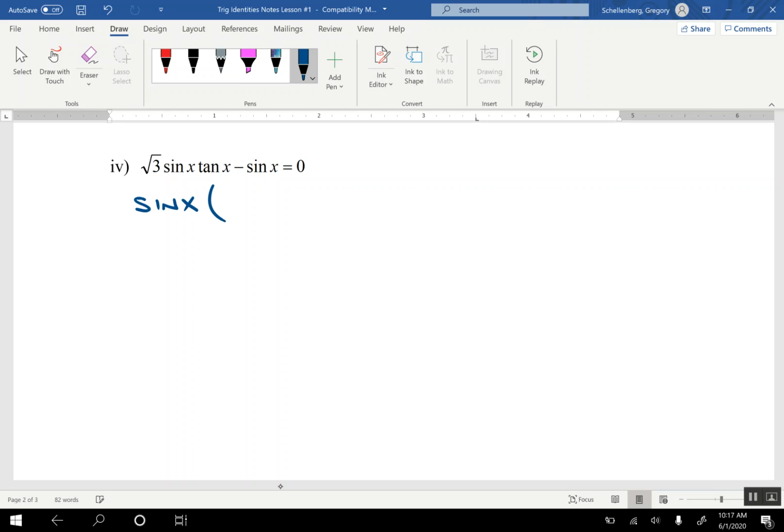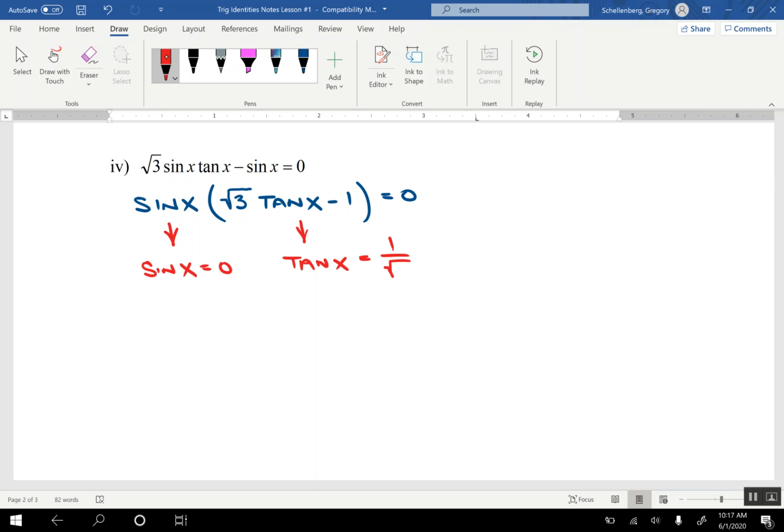And if we factor that out, we're left with root 3 times the tan of x minus 1 in brackets. And so our mini equations now look like this. Where is the sine of x equal to 0? And where is the tan of x equal to 1 over the square root of 3?